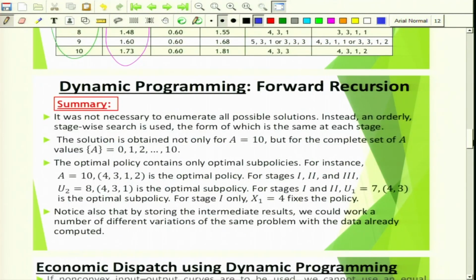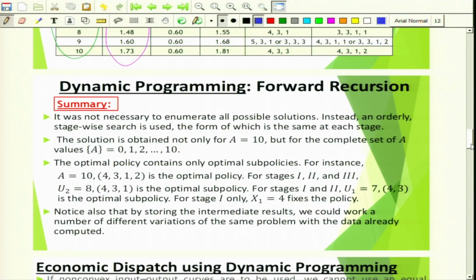Let's summarize whatever we have understood, because this is very important to move forward to understand our power system problem. It was not necessary to enumerate all possible solutions. Instead, an orderly stage-wise search is used, the form of which is the same at each stage. The solution is obtained not only for A equal to 10, interestingly, but for the complete set of values from 0 to 10.